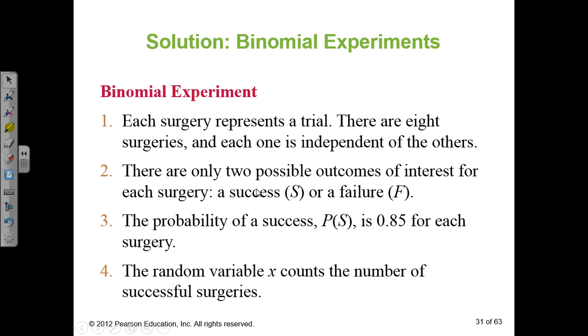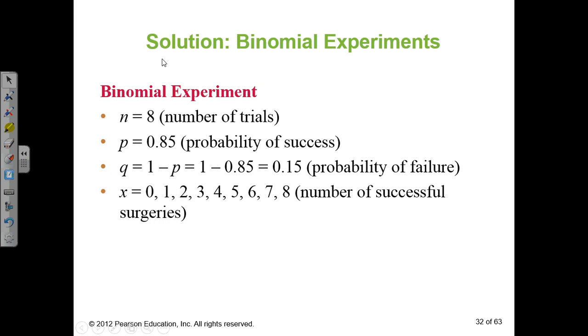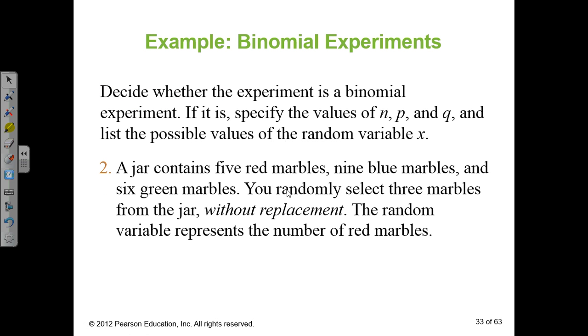There's only 2 possible outcomes, success or failure. The probability of a success is 0.85 for each surgery, and the random variable x stands for the number of successful surgeries. So n is 8, p is 0.85, q is 0.15, which is 1 minus 0.85, and x could be 0, 1, 2, 3, 4, 5, 6, 7, and 8.